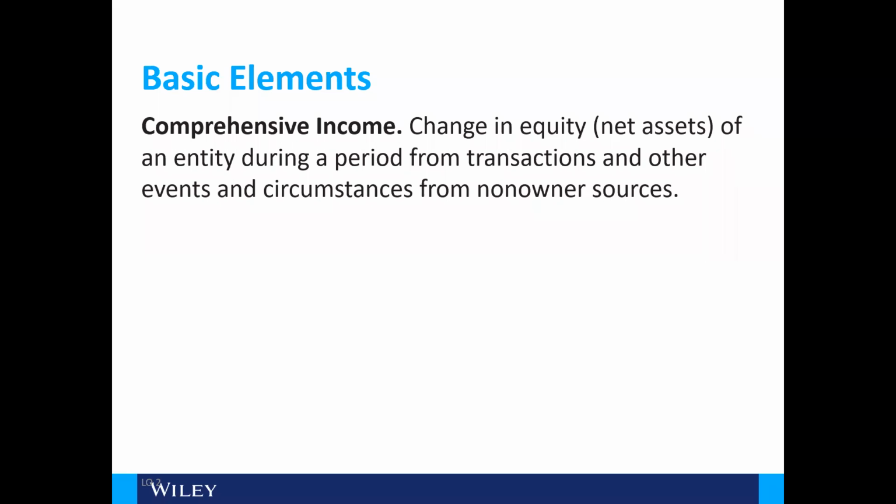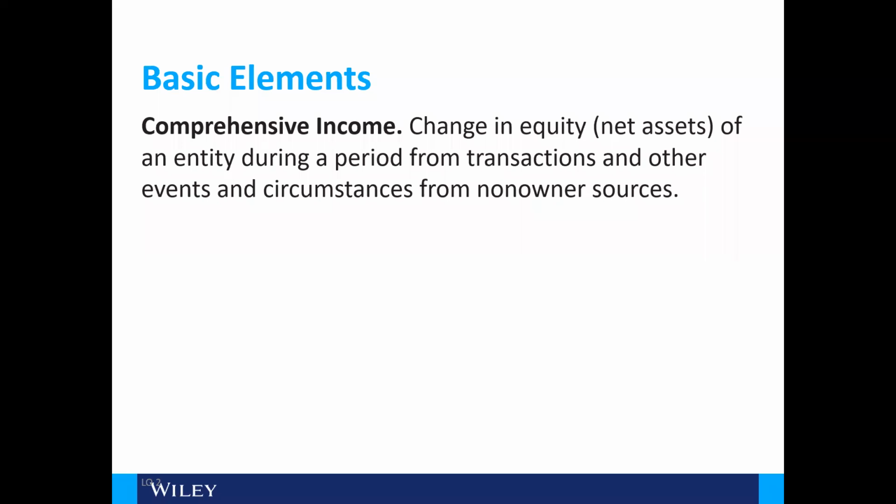But then there are some items that bypass the income statement, and we put them in a category called comprehensive income. So if we happen to have adjustments because of foreign currency translation, or if we happen to have gains, let's say we're using the fair value method for our investments, and in using the fair value method, our investments have increased.